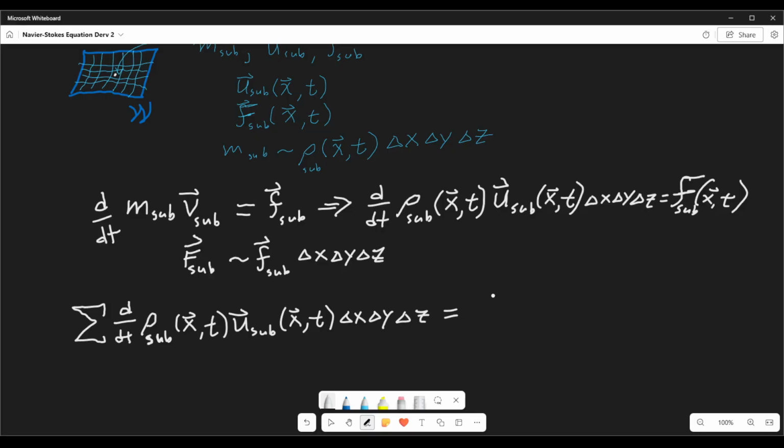And this equals likewise the sum over these individual volume-dependent forces that also depend on space and time, and then the volumes.